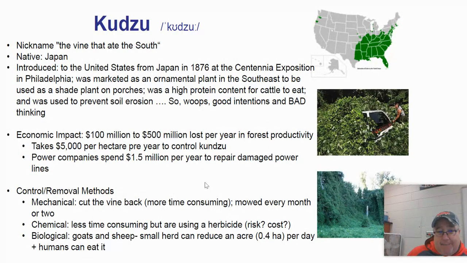It has had a really big economic impact. Sometimes we don't really understand that. Not only does this thing overpopulate, but it costs a lot of money to control it.